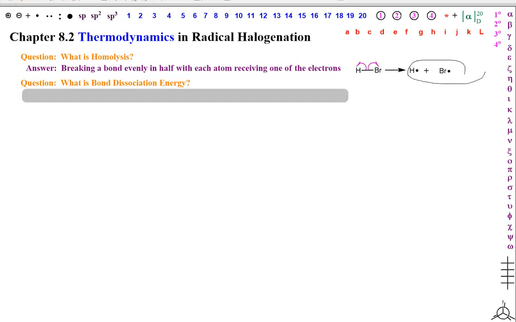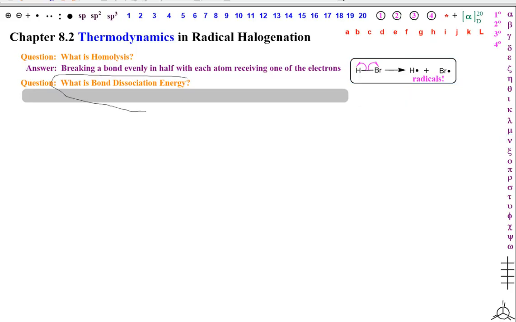We've created two radicals, a hydrogen radical and a bromine radical. Recall that radicals have unpaired electrons. So that's an example of homolysis.